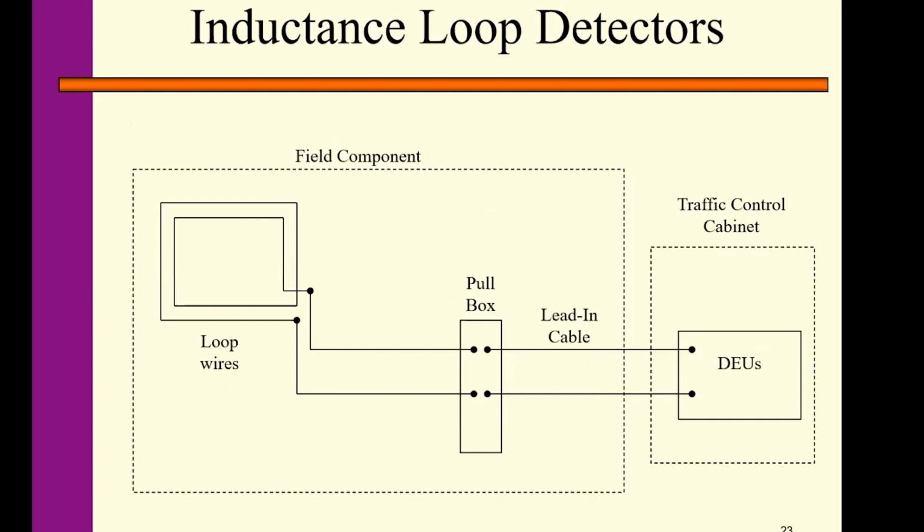Basically, this is the architecture of how loop sensors work. We have the control cabinet, with the detection card receiving the input signals from the sensors. These are the field components: we have the inductance loop sensors with multiple turns of wire, depending on the sensitivity we want, and those sensors connect to the control cabinet.